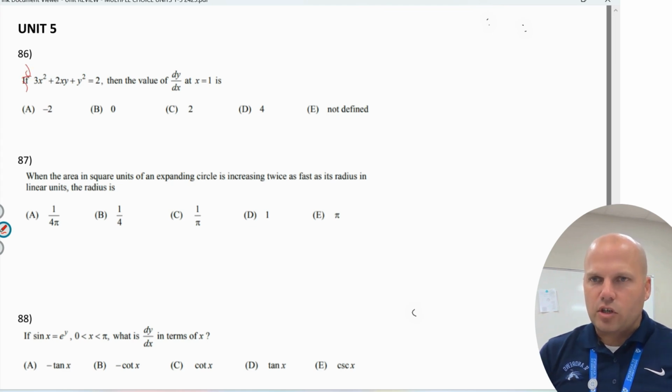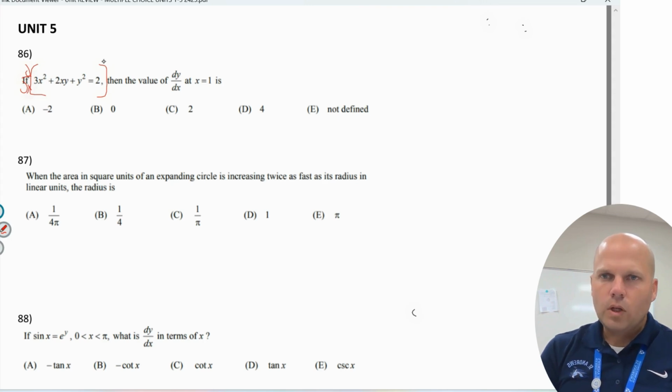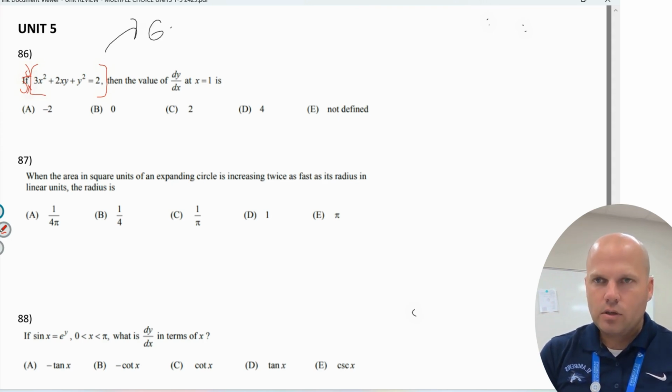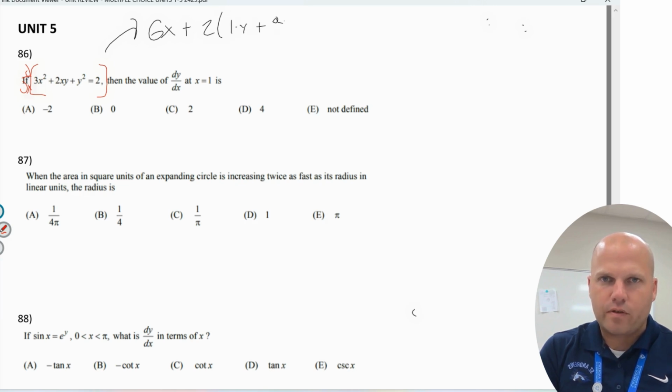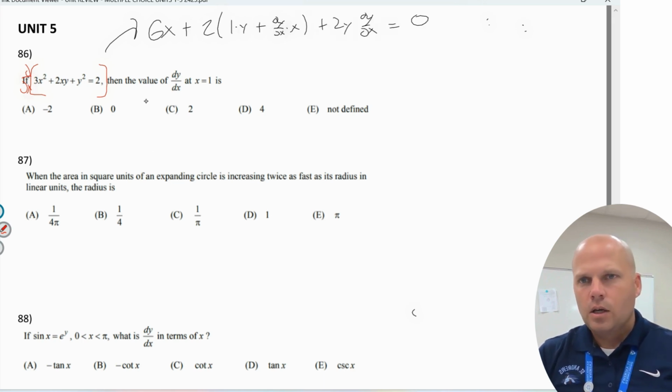Things to remember is just all of our rules, the product rule, distributing negatives, leaving out a constant if you want to, the derivative of x times y plus the derivative of y times x. Don't forget dy/dx after all y's.